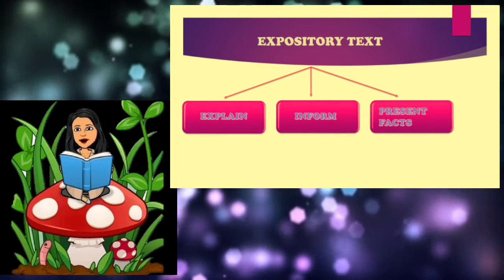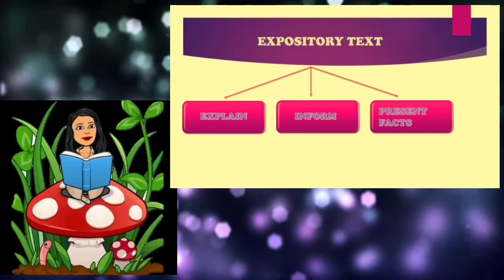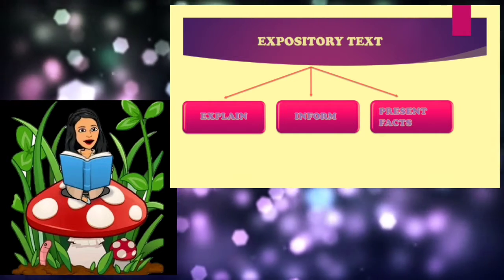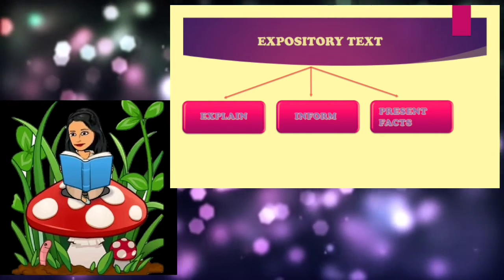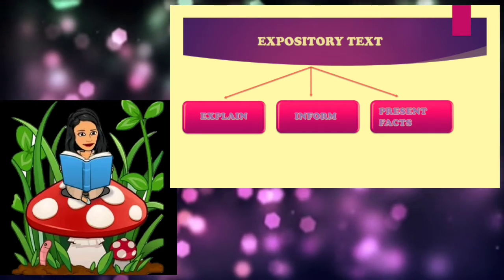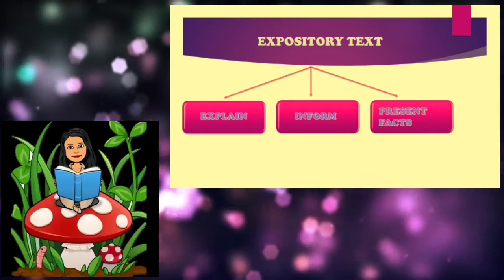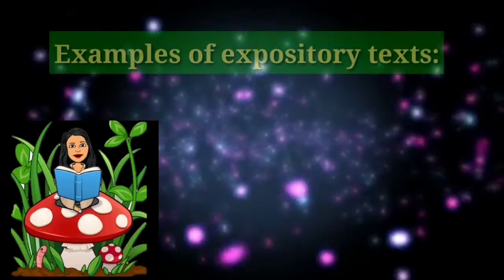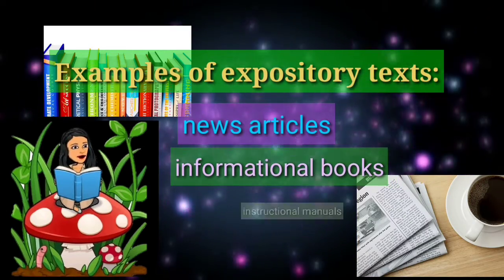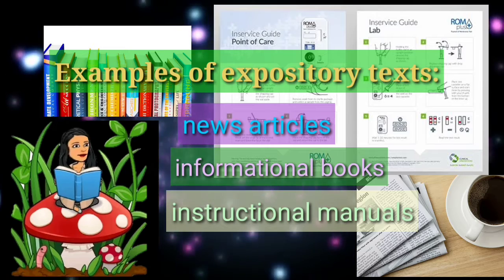Expository texts are designed to explain, inform, and present facts of specific topics. These texts can be accompanied by visual cues to provide or further highlight information. Examples of expository texts are news articles, informational books, and instructional manuals.